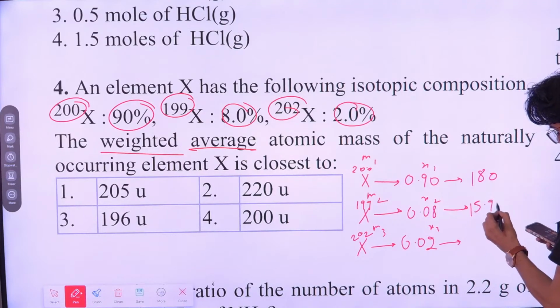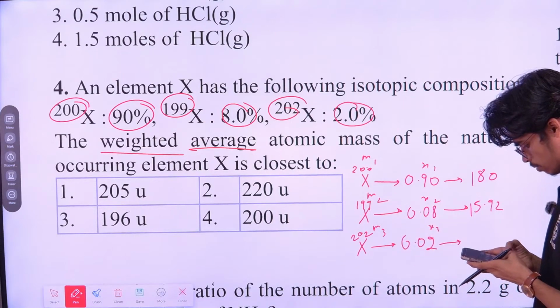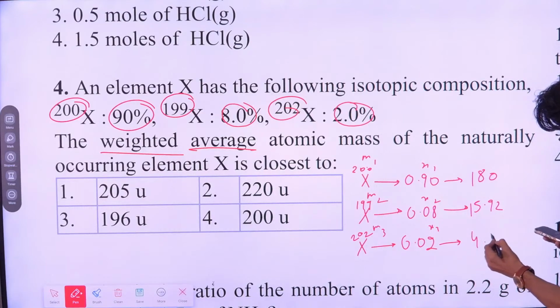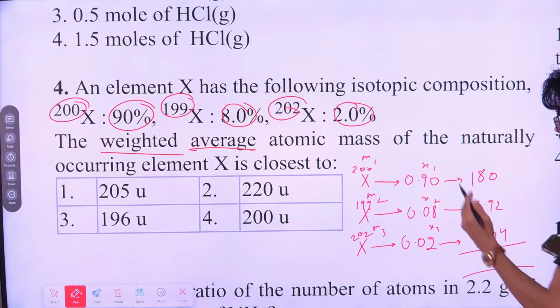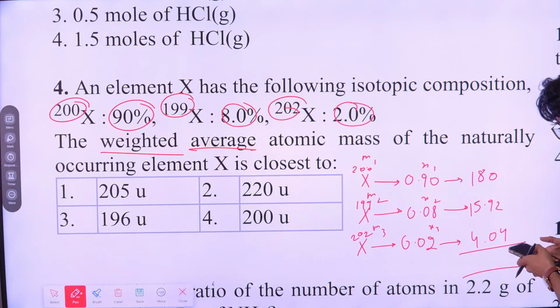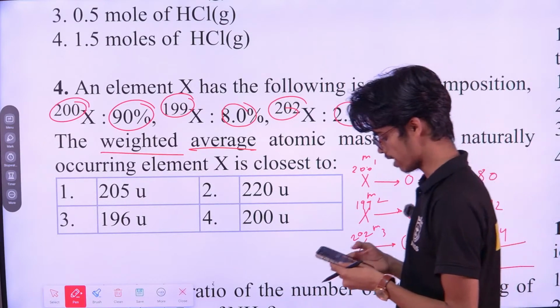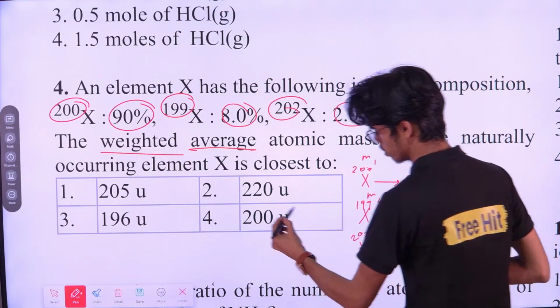Now this 0.02 into 202, that is 4.04. Now we just add all these numbers to get the weighted average. So 4.04, 15.92 plus 180. Our answer is 199.96, which is closest to this answer.